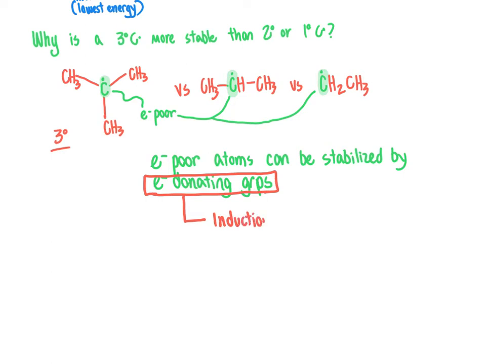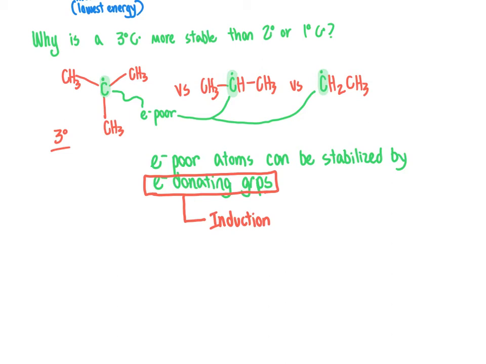And remember that we could think of that as a long-distance polarization of bonds, where groups like alkyl groups tend to be electron donating by induction. They tend to push electron density away from themselves and toward the rest of the molecule. On the other hand, electronegative atoms, such as halogens, tend to be electron withdrawing. They tend to pull electron density away from the rest of the molecule and toward themselves.